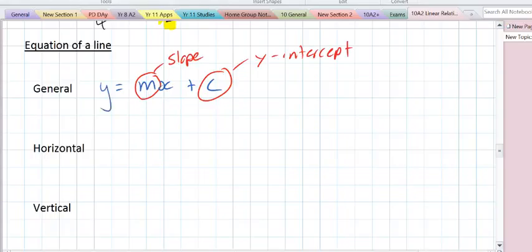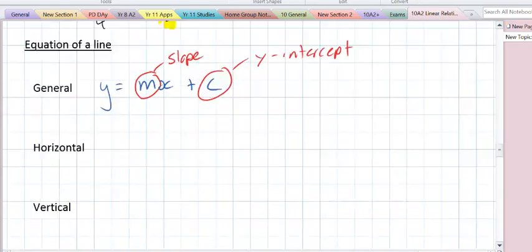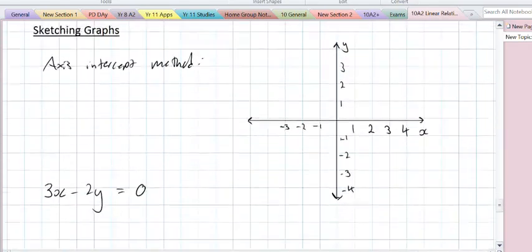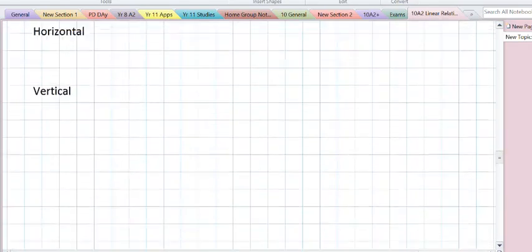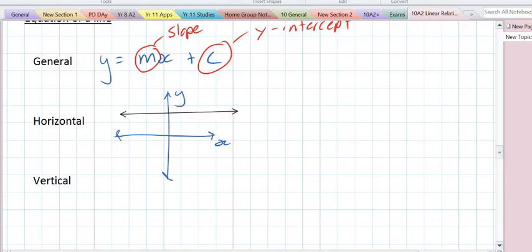Right. Now, the equation of a horizontal line is a little bit of a strange one. Essentially, if we go and look at a graph, which we'll look at later, and have a horizontal line on it, then every point along this line is going to equal the same y value.